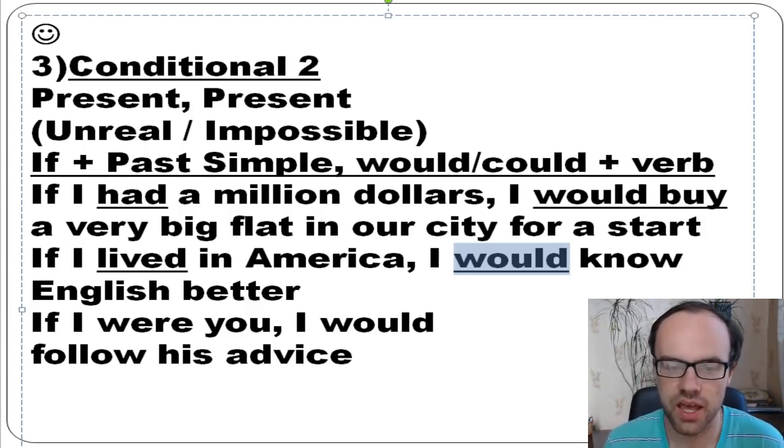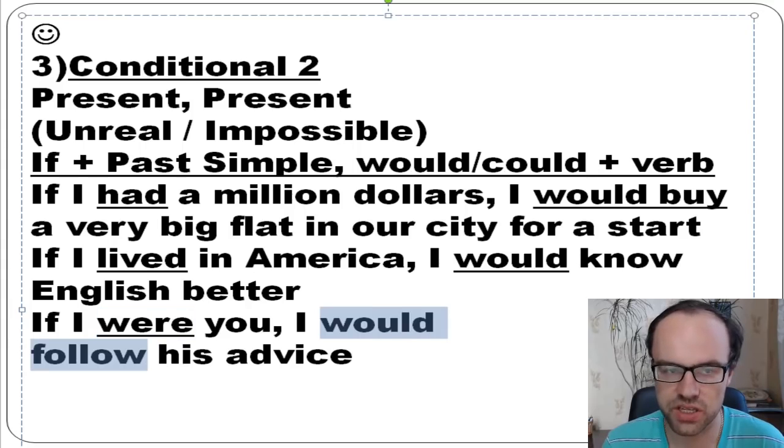And next. So if I were you, I would follow his advice. If I were you, I would follow his advice. So you see, it's past simple, and you need to remember that we use were in conditionals, not was.